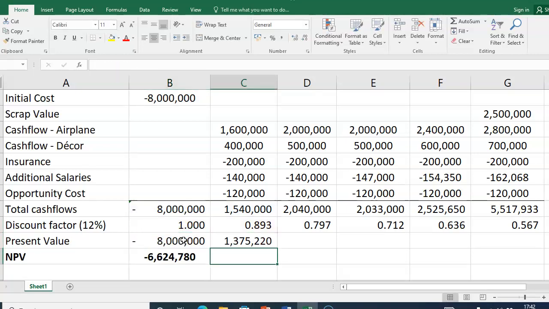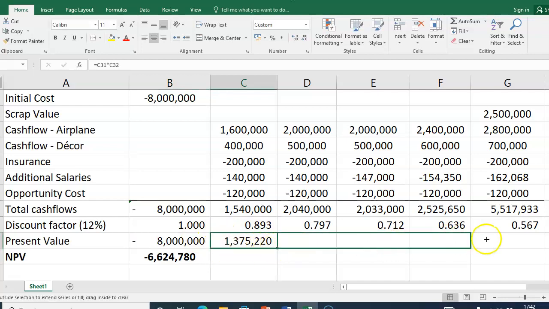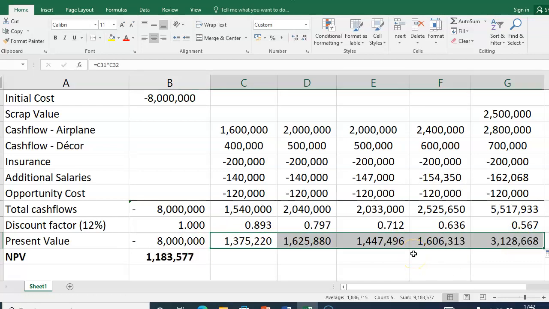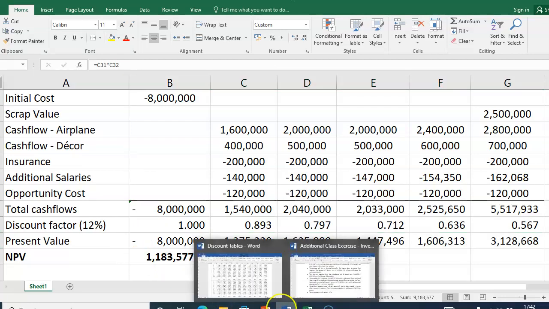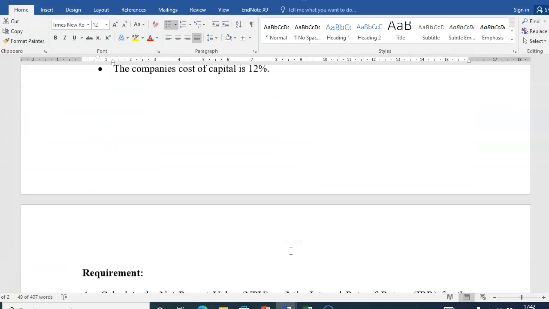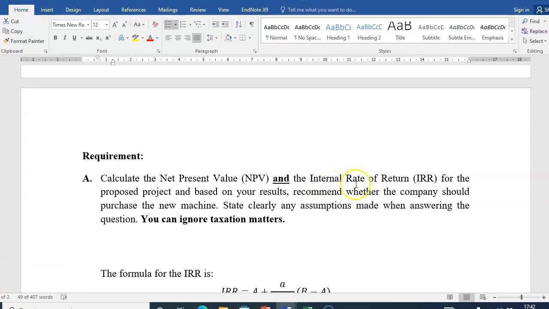Again, there should be nothing new there. We're going to drag this all the way across, and we can see that this particular project yields a net present value of 1,183,577. Now, in the requirements for the question, we are also asked to calculate the internal rate of return.